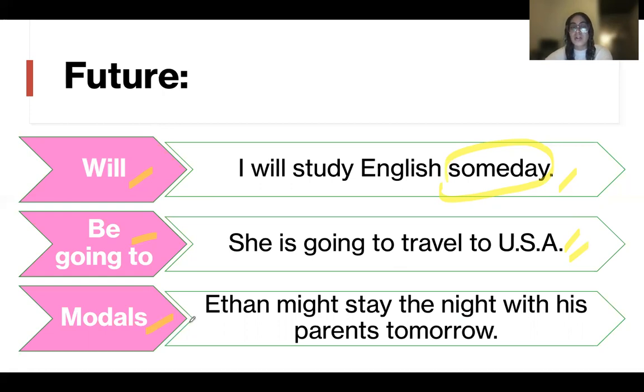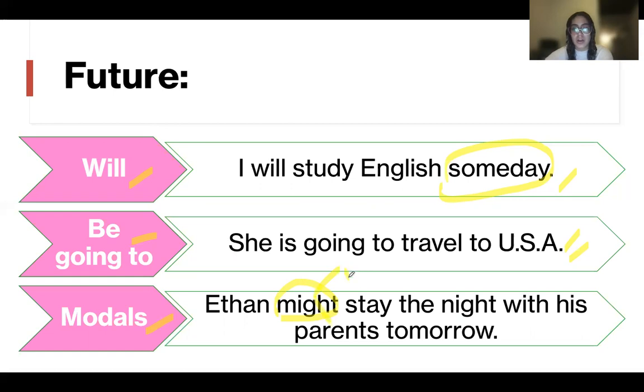And also modals that help us to talk about the future, but this is a possibility. For example, Eden might stay the night with his parents tomorrow. "Might" helps us to explain that this is going to happen, of course, in the future, but he might stay or he might not stay.